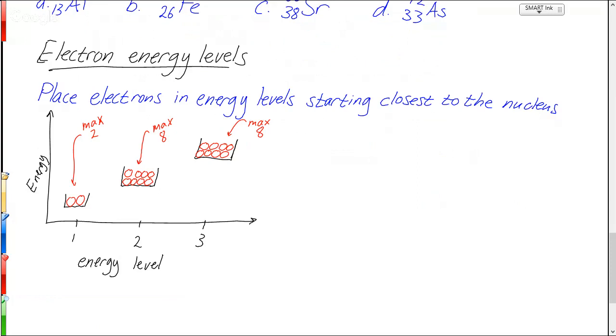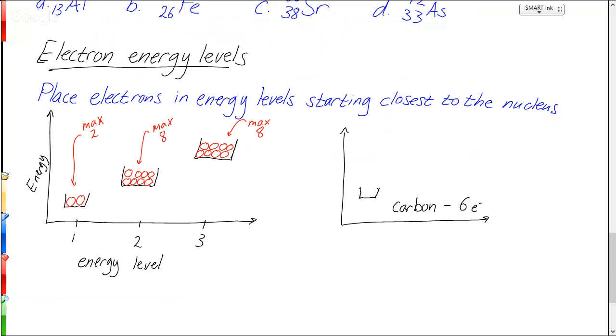Okay, so let's try this out on an actual atom. Let's say carbon. How many electrons are in a neutral carbon atom? 6, right? Same number as protons. So we've got 6 electrons.